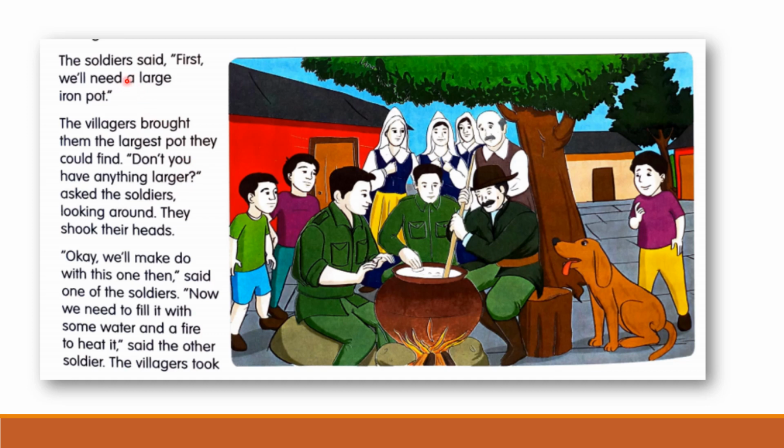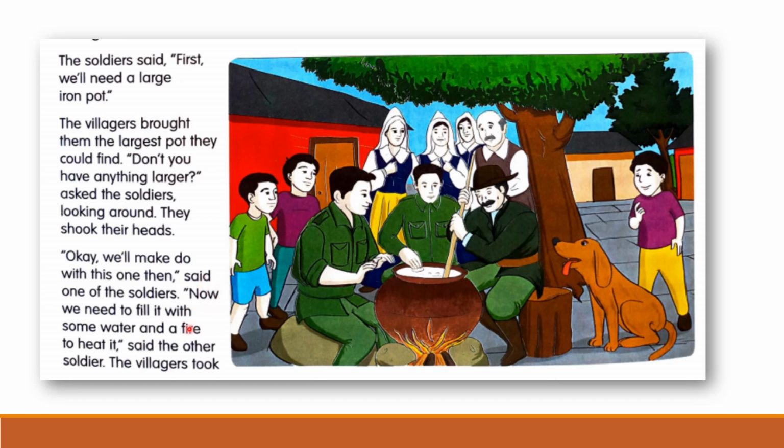You can see in the picture there is a pot which they have kept on a fire. We'll make do with this one then, they said. If you don't have any larger pot than this, then we'll use this only.